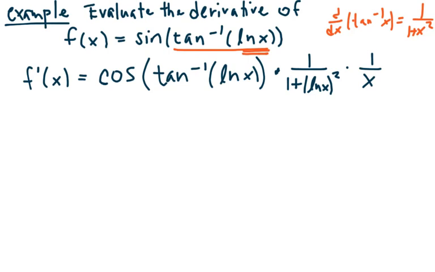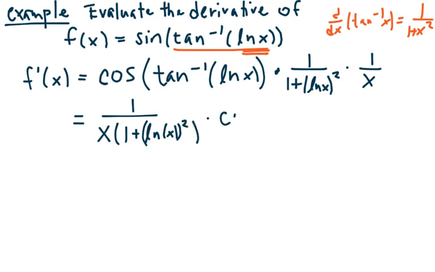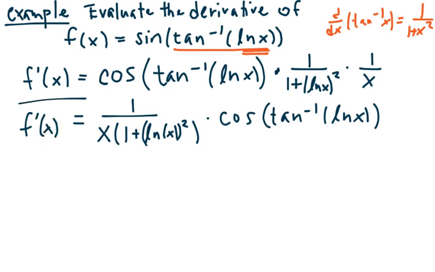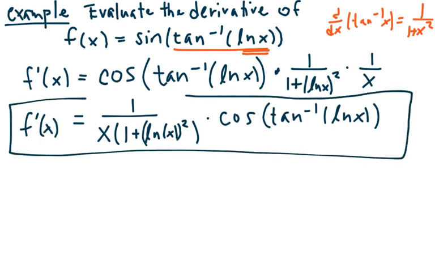All in all, if I clean things up a little bit and rearrange, we have 1 over x times the quantity 1 plus the natural log of x, quantity squared, times the cosine of tangent inverse of the natural log of x. And that is our derivative. So we're combining a lot of ideas here: the chain rule with derivatives of inverse trig functions, with derivatives of natural logs. These are all very recent concepts.